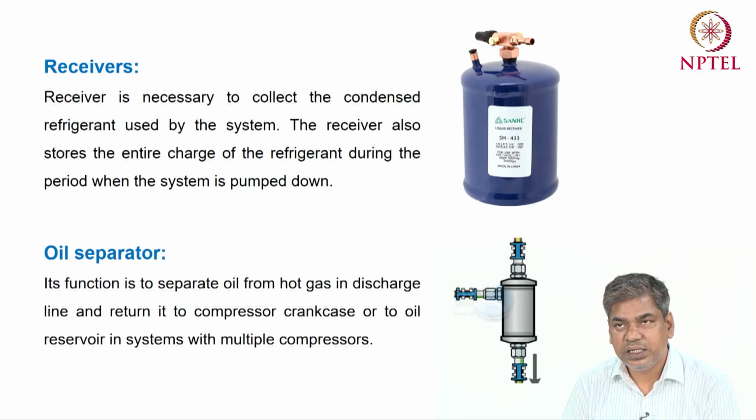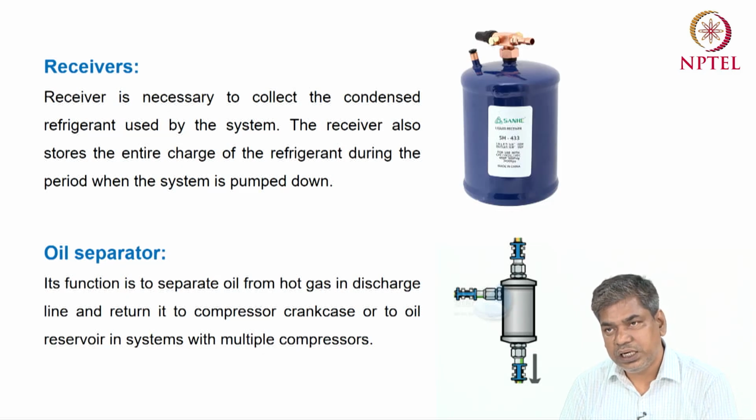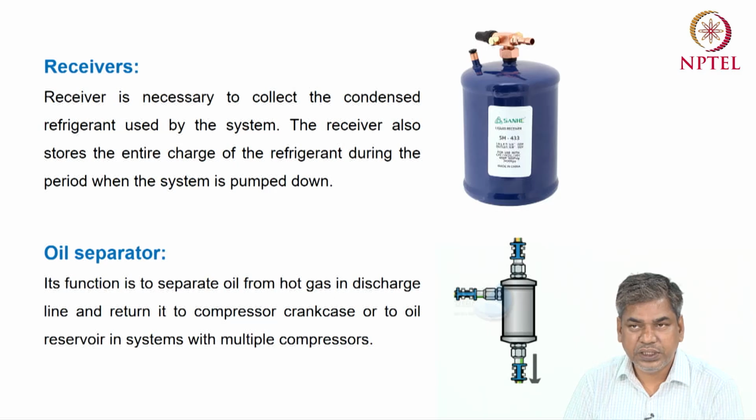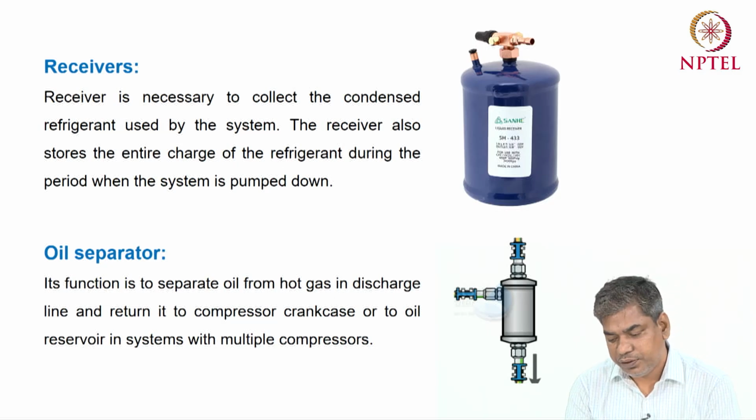This pure refrigerant will go to the other components like the condenser, and the oil that separates out from the oil separator goes back to the compressor using an oil pump.